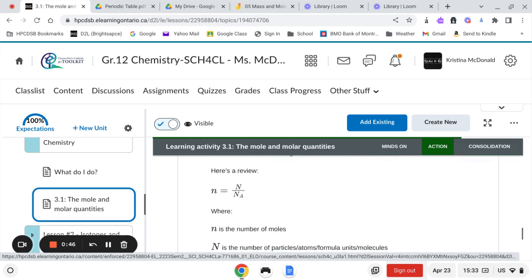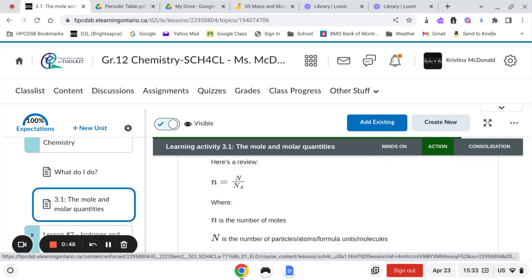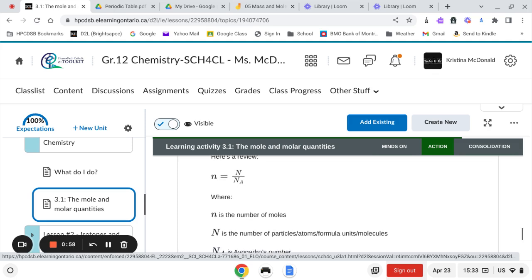So just a reminder of the two formulas that we have learned. There's our moles equaling particles, which again, we don't love the term particles, so we would use either atoms or molecules or formula units, depending on whether it's an element or a compound. And then we can divide by Avogadro's number.